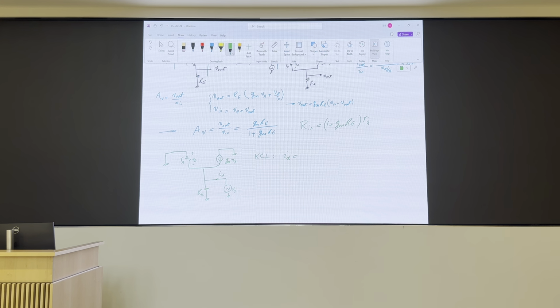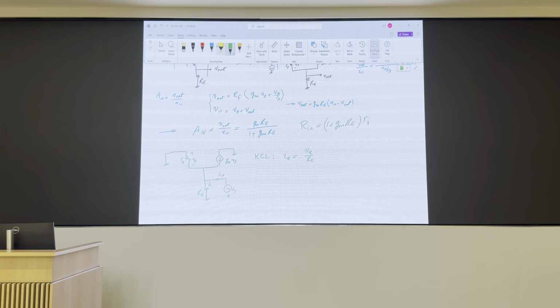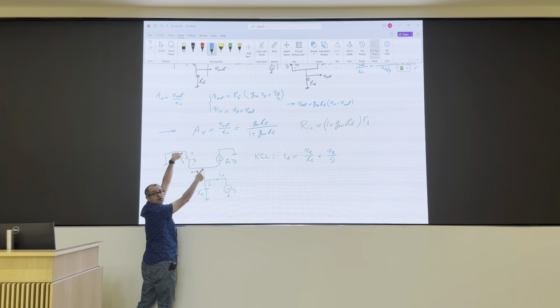So Ix is equal to, this current is Vx over Re. This current is, because the voltage from here to here is Vx, the resistance is R pi.